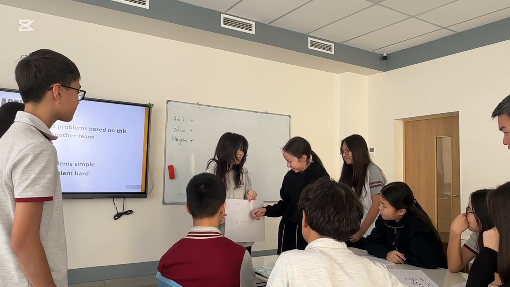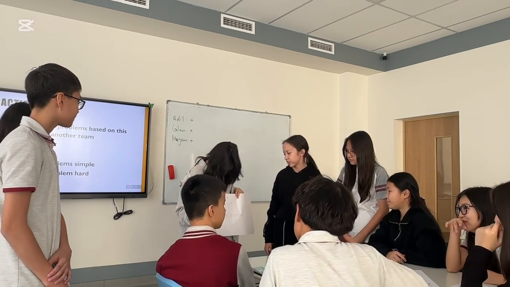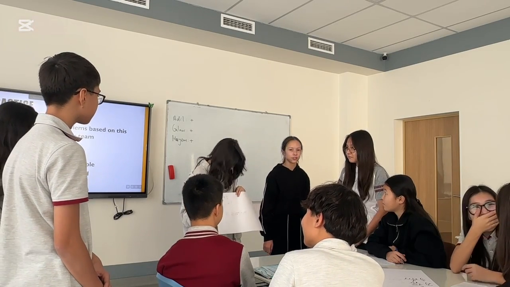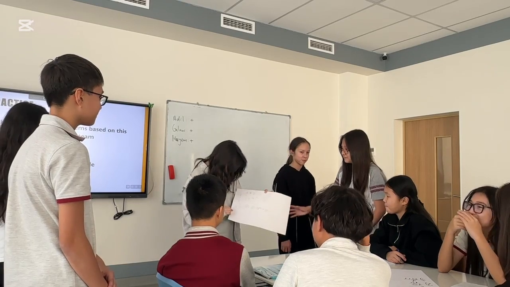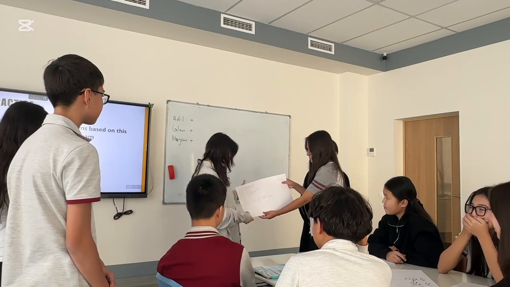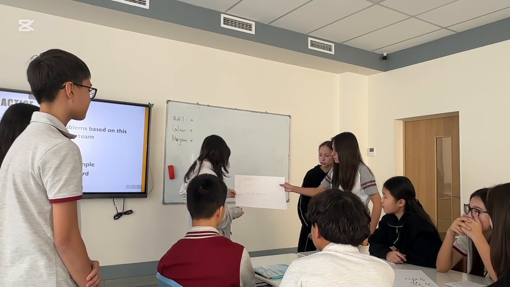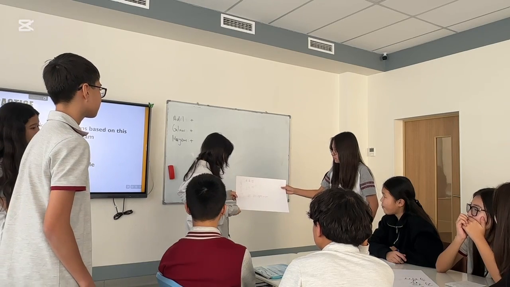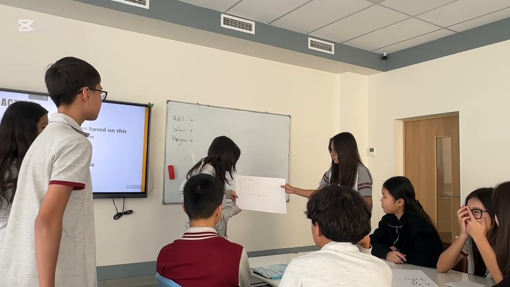You canceled it by 3. Okay. And the final answer is 3 multiplied by root 6 over 2. And the last one, Mariam? In this problem, we need to use the formula, and we multiply it by root 2 plus 3.